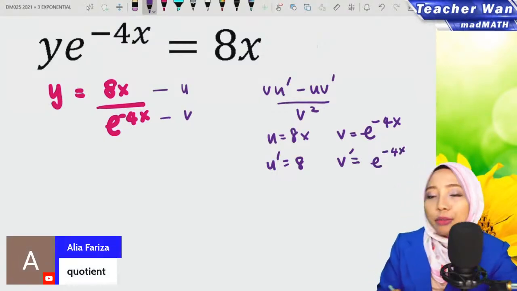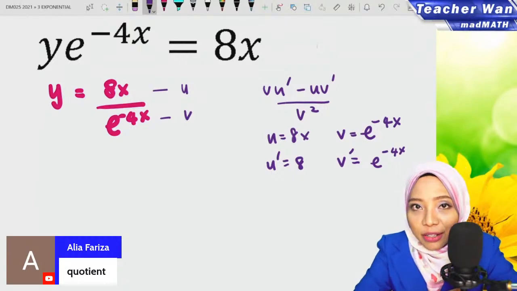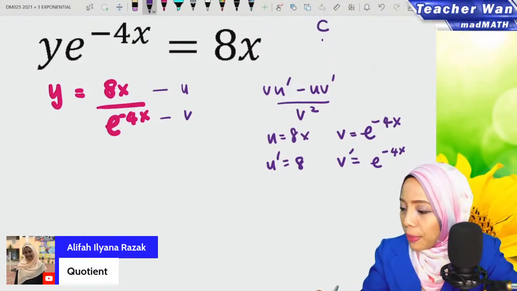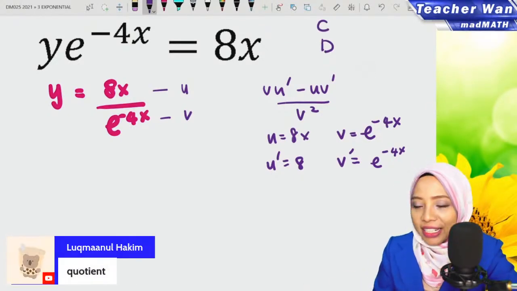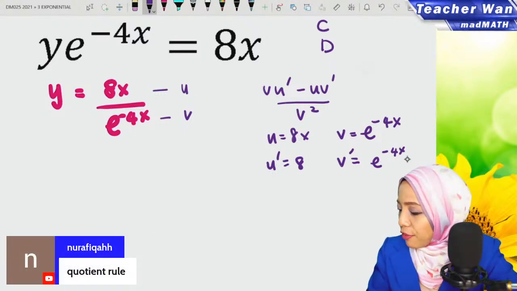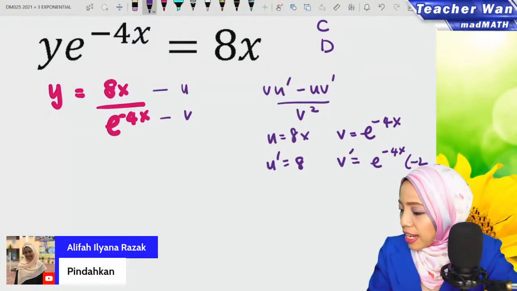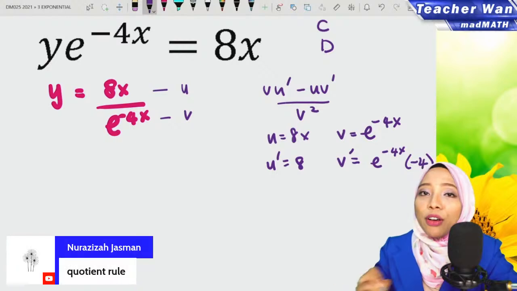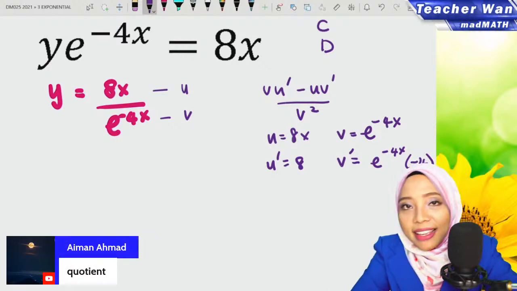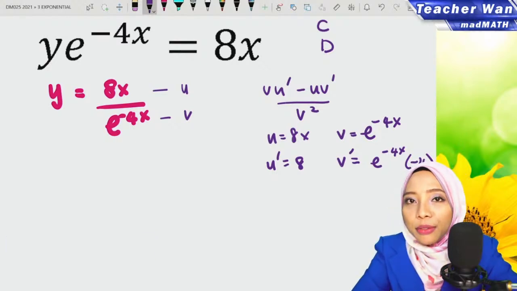What I said to you earlier: copy, C, copy; D, differentiate. So e to the power of negative 4x times negative 4, because the derivative of negative 4x is negative 4. Yes, quotient rule.